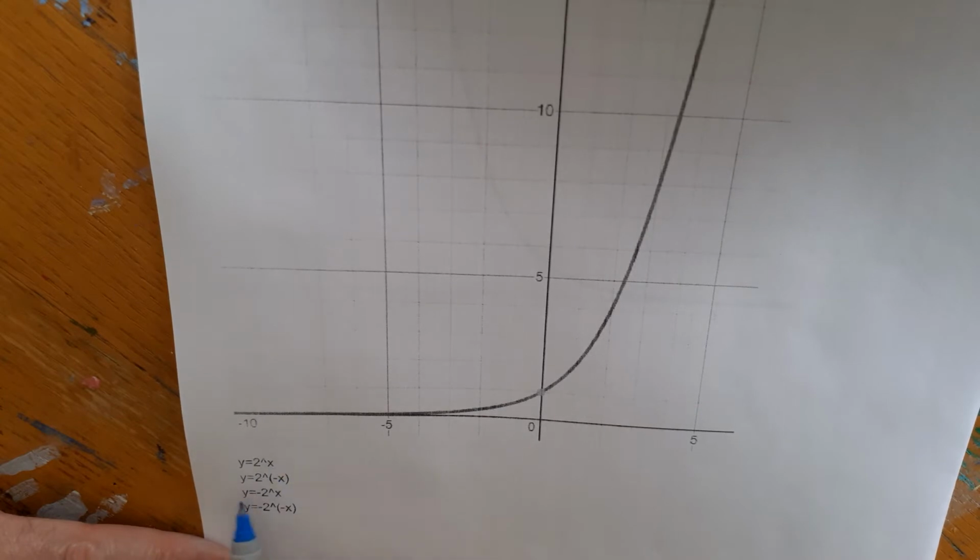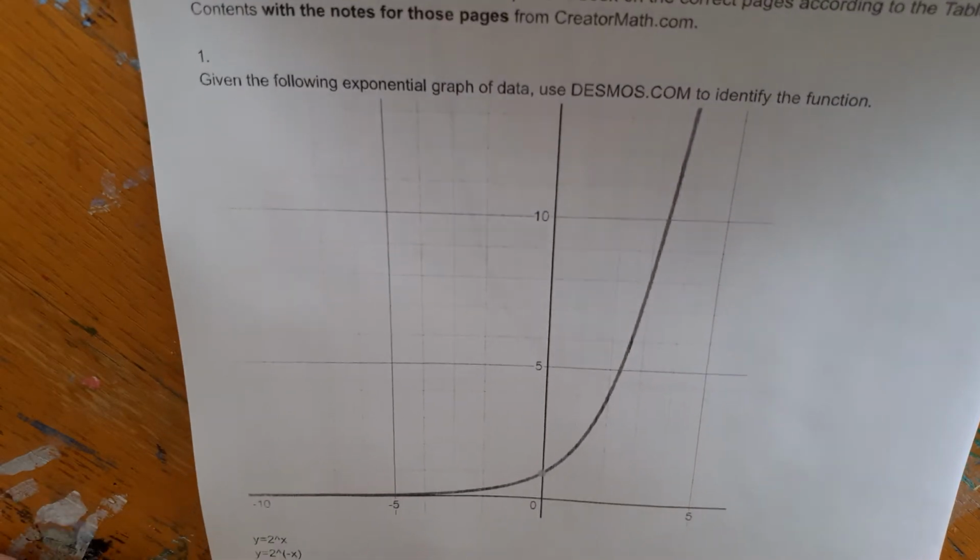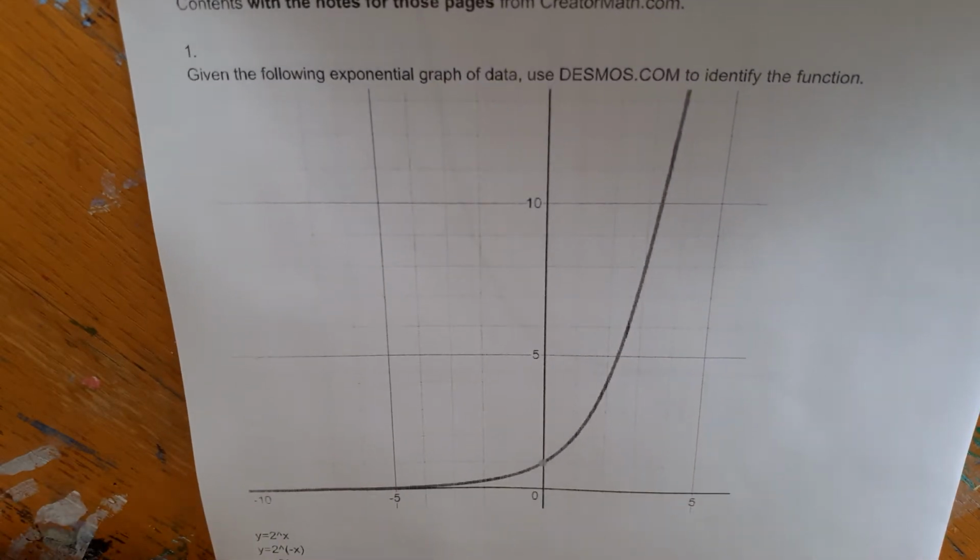Y equals x squared, y equals x to the power negative, y equals 2 to the x, y equals 2 to the negative x, y equals negative 2 to the x, y equals negative 2 to the negative x. These four situations play with the exponential curve and give you sort of an increasing idea of how this works.